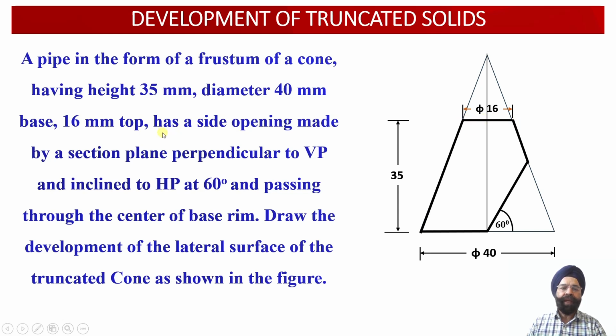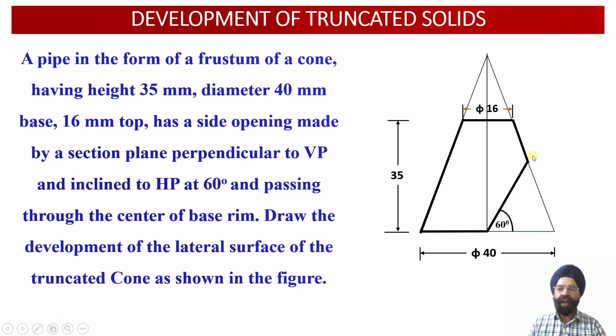Now this pipe has got a side opening made by a section plane perpendicular to the VP and inclined to horizontal plane at an angle of 60 degree over here. And this side opening, it passes through the center of the base ring.